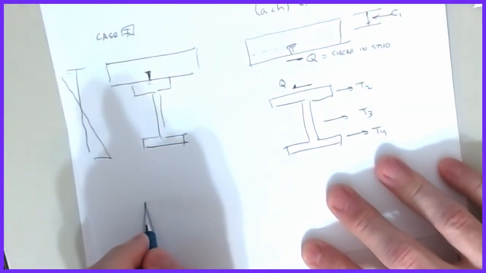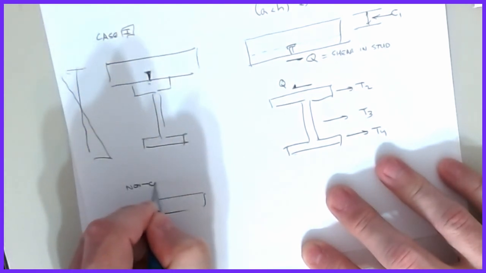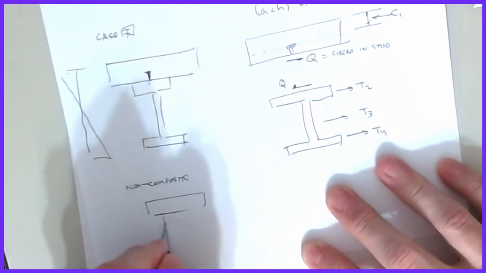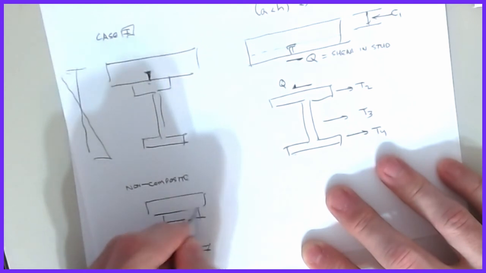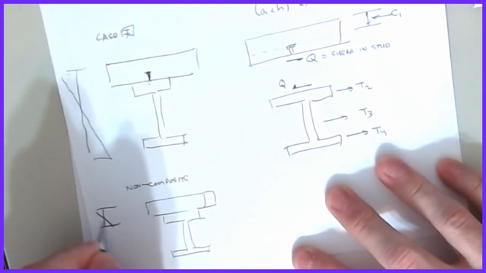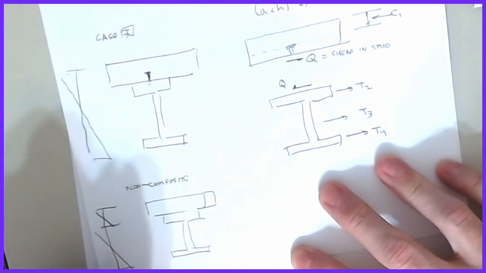Well, it changes a little bit. And this is what we call the non-composite case. Basically, the slab does its own thing, and then the beam does its own thing.